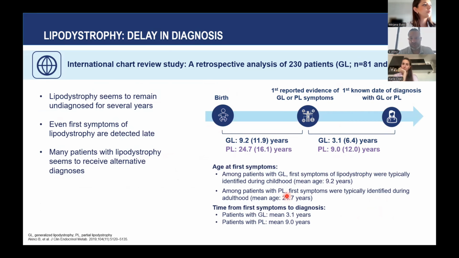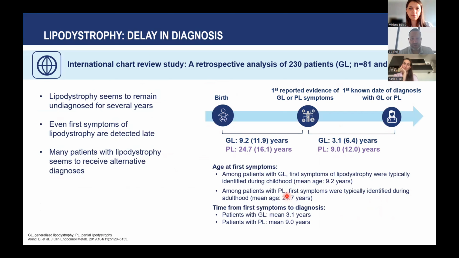This is a retrospective analysis of 230 patients from 3 different countries: United States, Turkey, and Brazil. As you can see, there is a good number of patients with both forms, generalized and partial lipodystrophy.